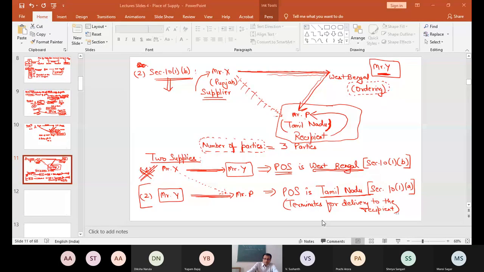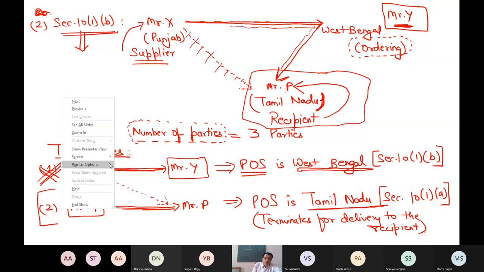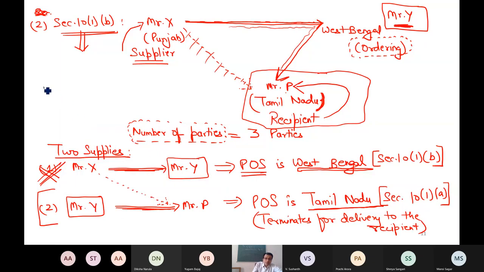Now one more thing. Within this, I make a small assumption. If you remember the Act, the words used were before or during the movement of goods.